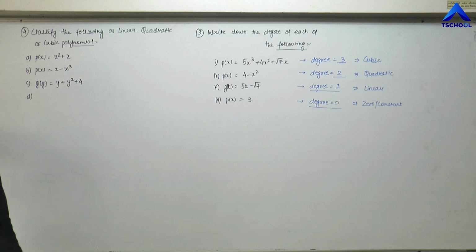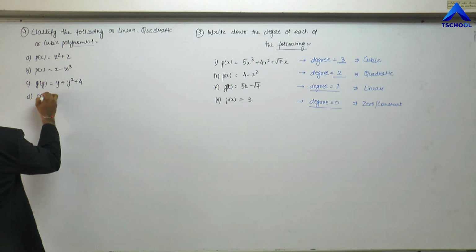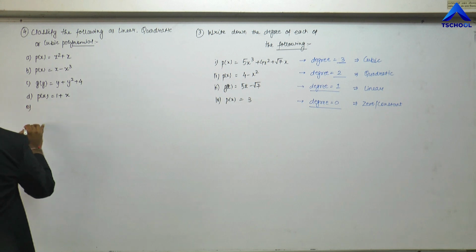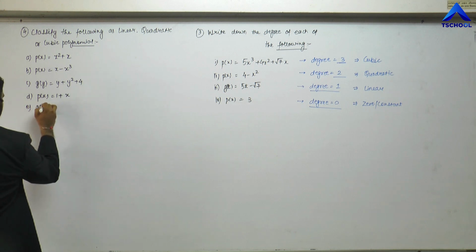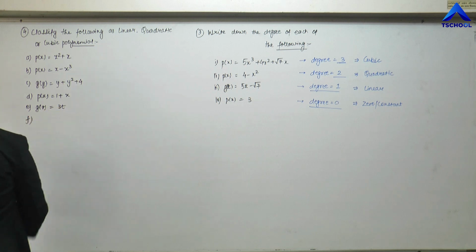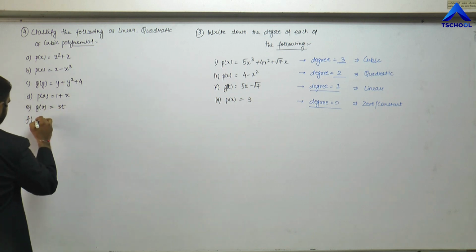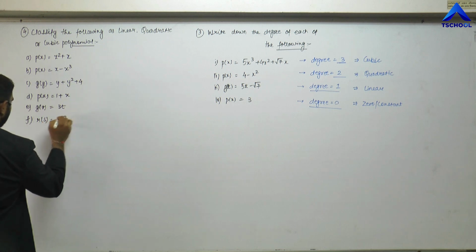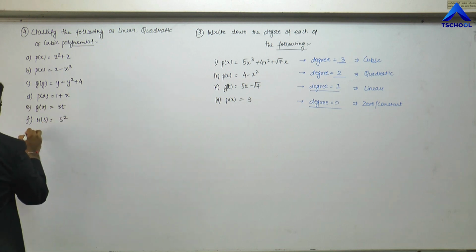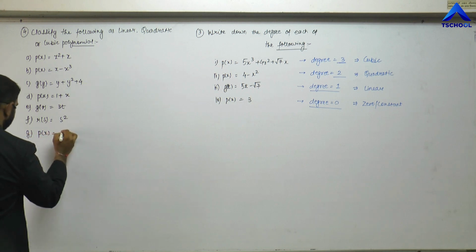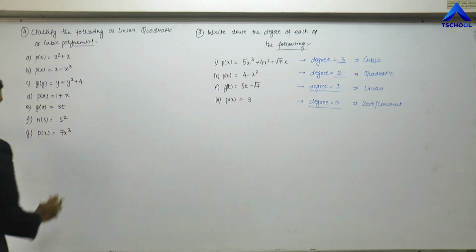The fourth one, it is 1 plus x. The fifth one, it is 3t. The sixth one, r of s is equal to s square. And the seventh one again, p of x is equal to 7x cube.